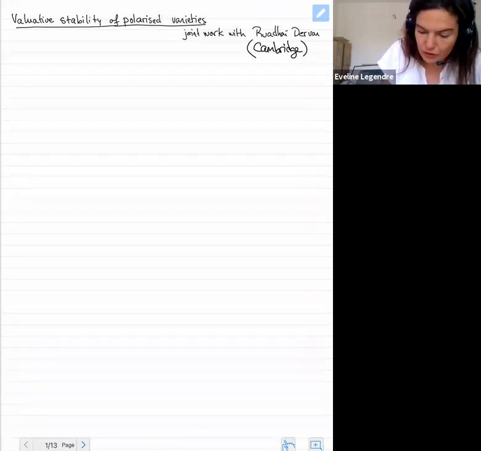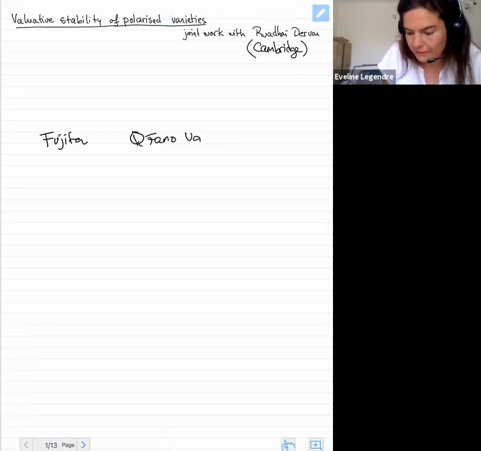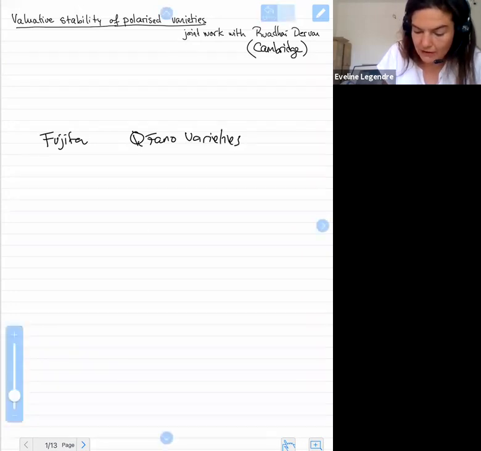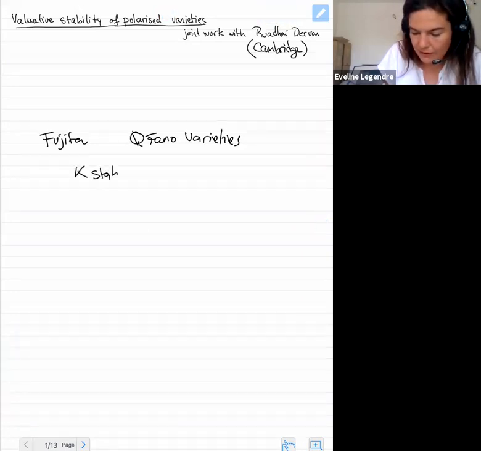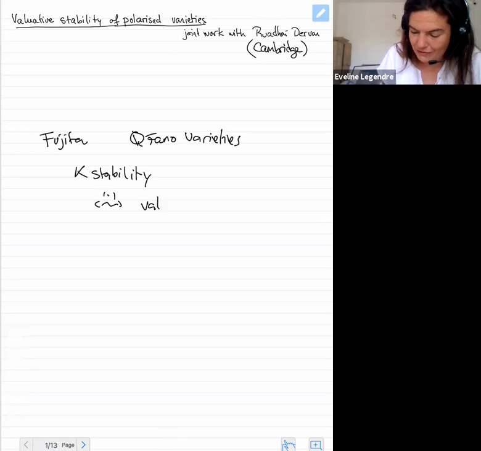Like I said, Fujita was working on Q-Fano varieties, and he proves that in this setting, K-stability corresponds one-to-one to evaluative stability.